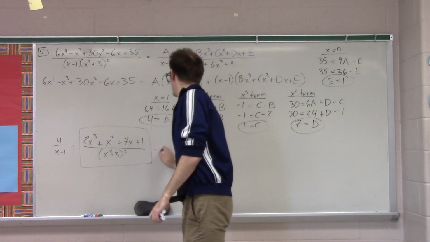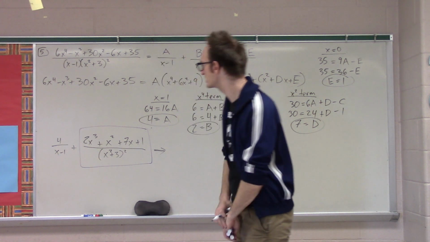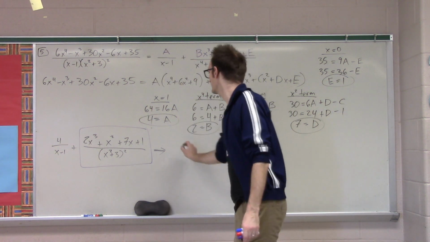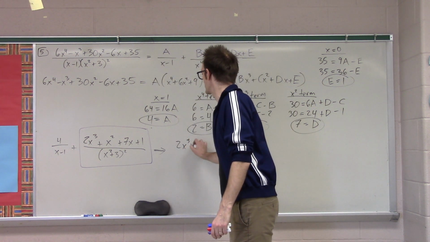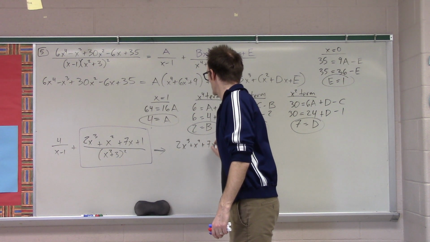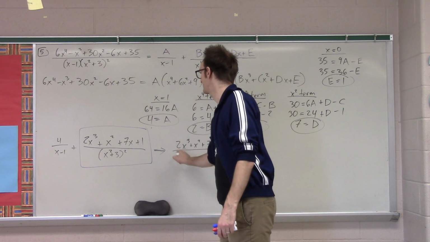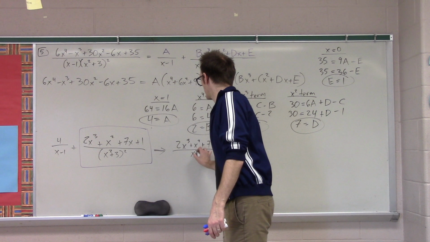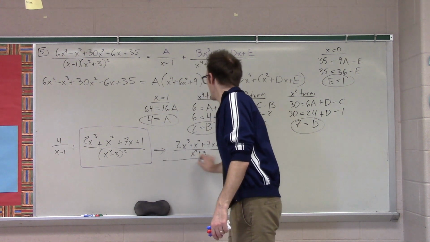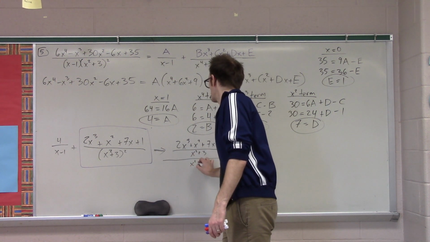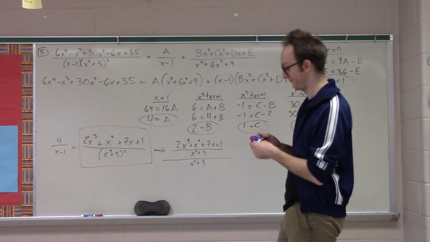In particular, and this is sort of my innovation in teaching this, we can think of this 2x cubed plus x squared plus 7x plus 1 as being divided by x squared plus 3 once, and then being divided by x squared plus 3 a second time.